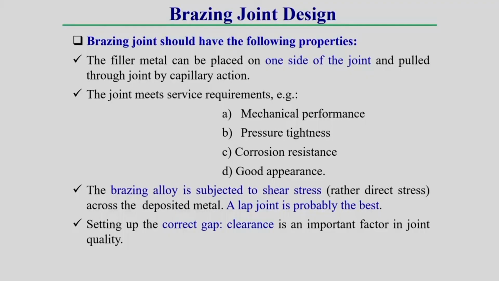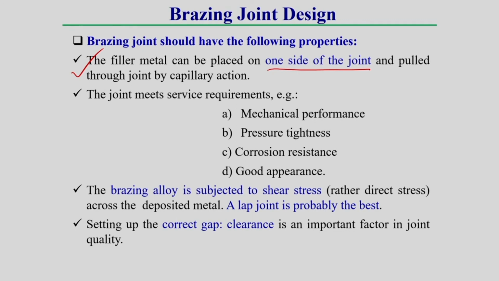Now, a brazing joint should have the following properties. The first is that the filler material can be placed on one side of the joint and it should pull through the joint by capillary action. So whatever joint we design for brazing, first we should keep in mind that we generally use the filler wire on one side, and it should go through the entire joining region through capillary action.